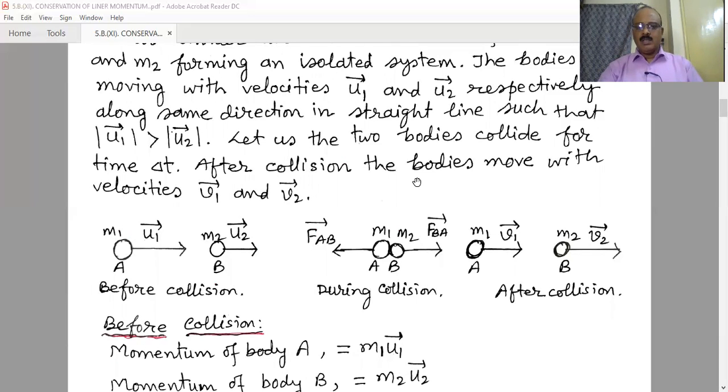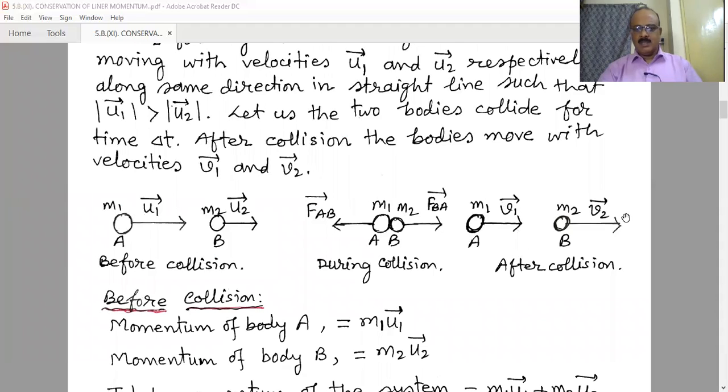After the collision, the bodies move with velocities v1 and v2. They continue moving along the same direction: the velocity of A becomes v1, and the velocity of B becomes v2.